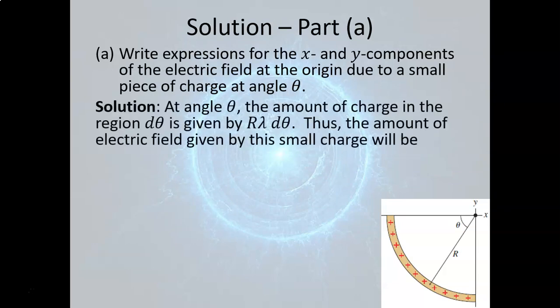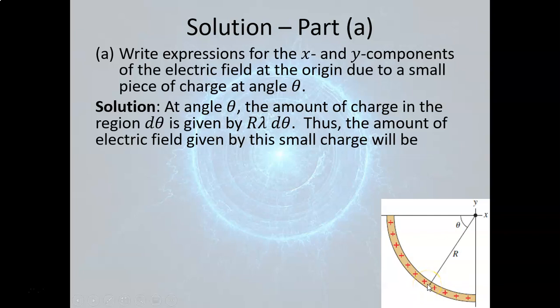Okay, so here's the idea. At some random angle theta, depending on which charge element we're looking at, the amount of charge in the region d theta is going to be equal to lambda times ds, where ds is the amount of distance that dq takes up.